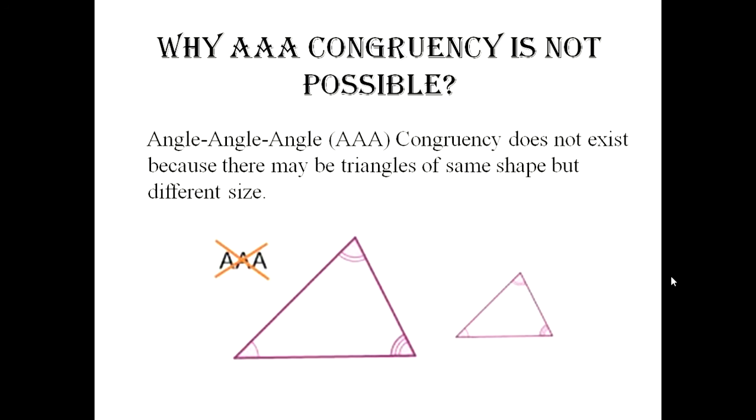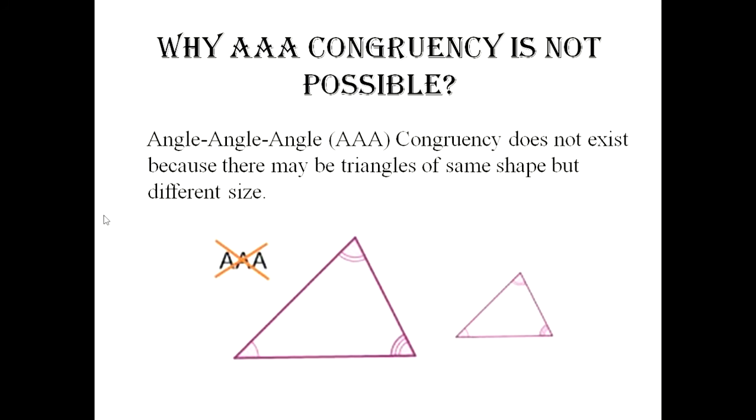So now we have already learned SSS, ASA and SAS. All these orders exist, but AAA congruency does not exist. Now we will see why. If we look at the diagrams, in the first diagram, the bigger triangle, this angle, and in the smaller triangle, this angle, both are marked with single strokes, which means these two angles are equal.